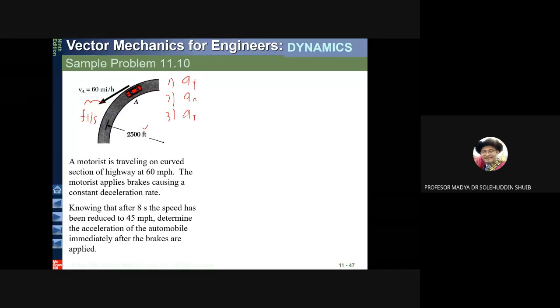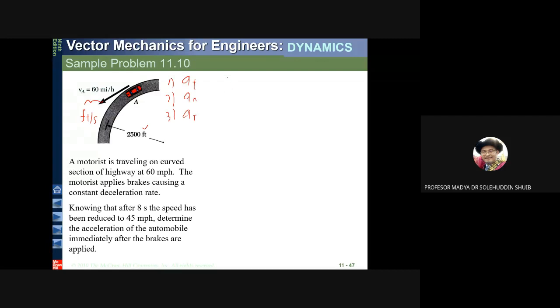For the British system, we need to express the speed in feet per second.